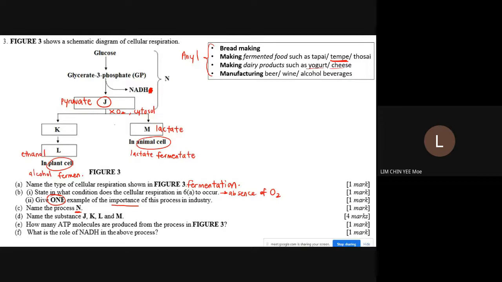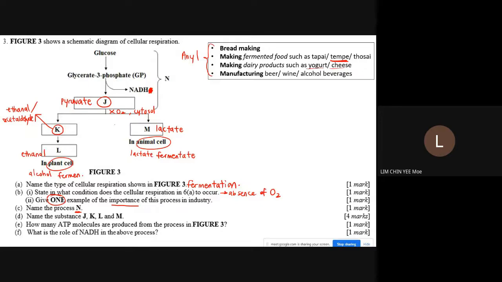And untuk alcohol fermentation, dia ada satu intermediate. What is the name of this intermediate? Ethanol. Good job. So ethanol ataupun acetaldehyde. Okay. Mana-mana pun boleh. Kalau you rasa ethanol lagi senang nak ingat, tulis je ethanol.